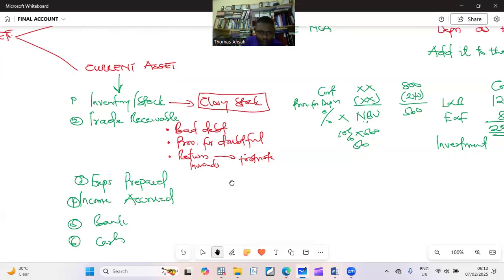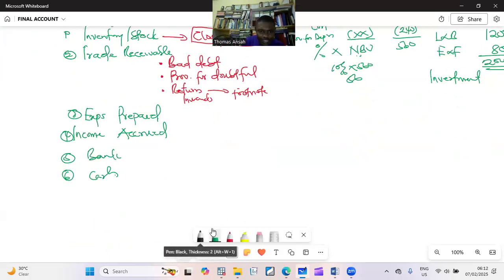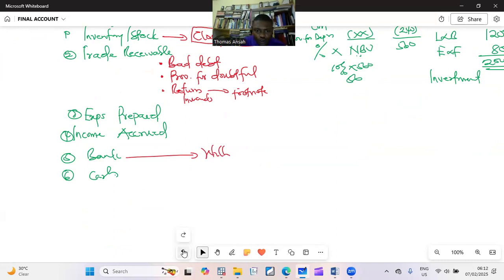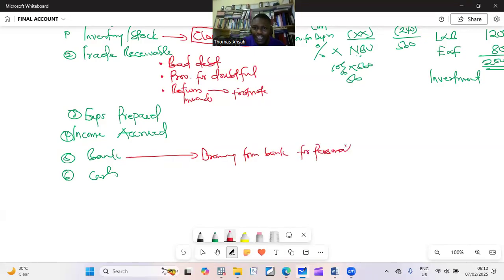In your bank and your cash, the adjustment that can happen is that the person withdrew cash for personal use. So drawings of cash, or drawings from bank for personal use. Please, anytime you see in the question somebody has done something for personal use, it is called drawings. Take note of that.